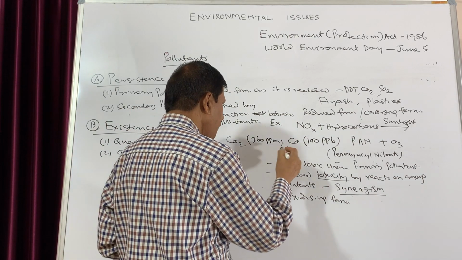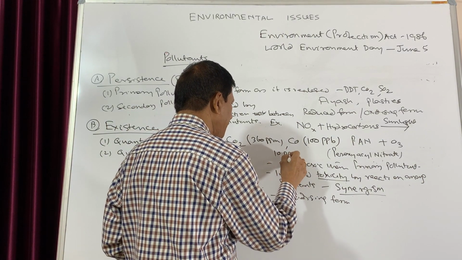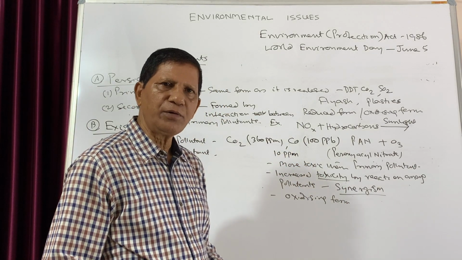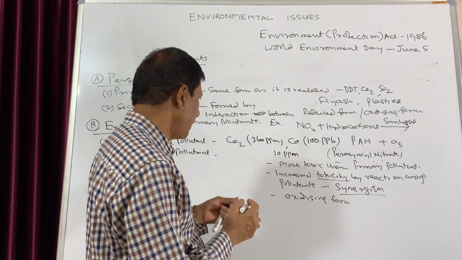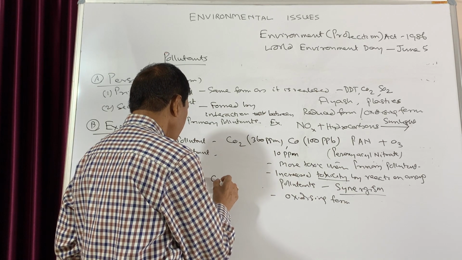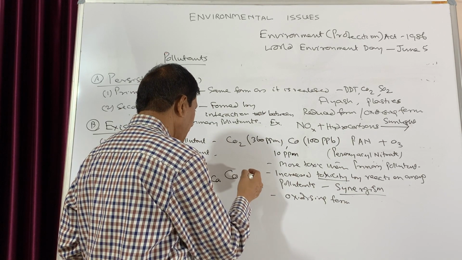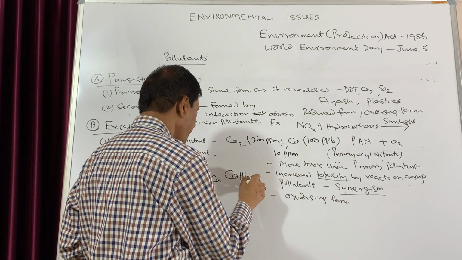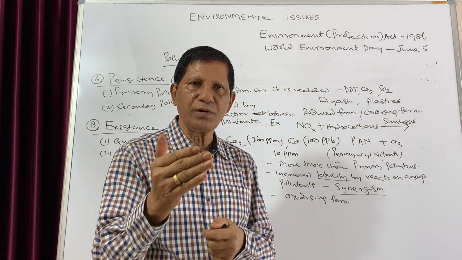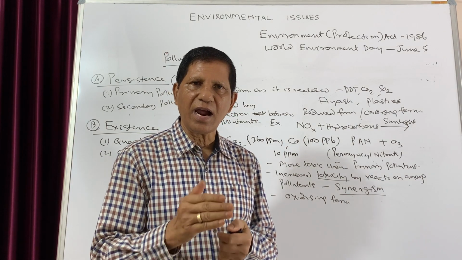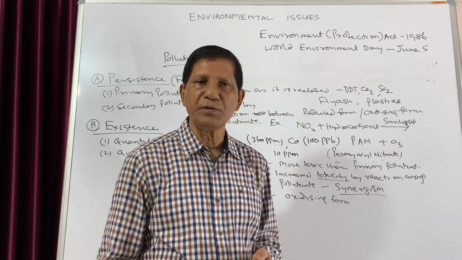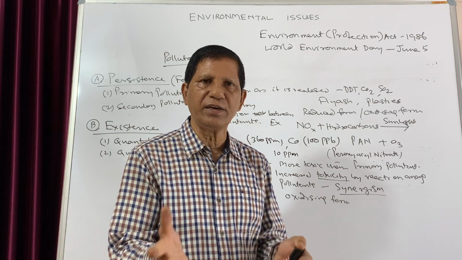But if its concentration increases to 10 ppm, 10 parts per million, then it will cause a lot of problems, because it will combine with hemoglobin to form carboxyhemoglobin, and the affinity of hemoglobin for oxygen will decrease, and it will lead to a lot of problems, including headache, nausea, and other things. That means only when the concentration is increased is it acting as a pollutant.